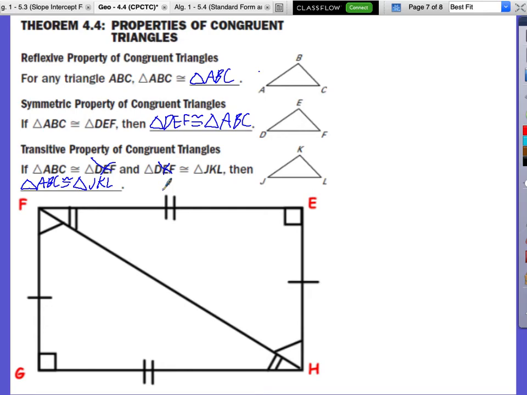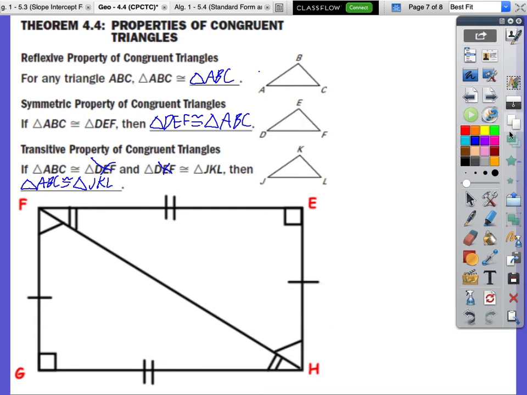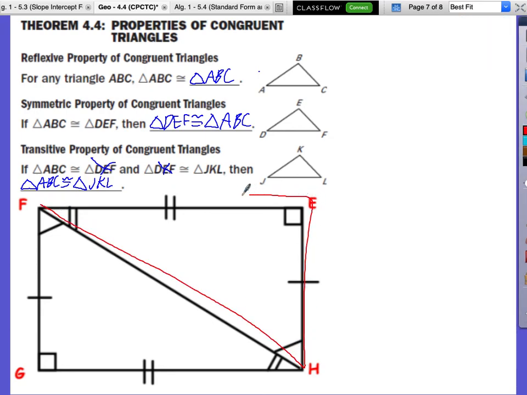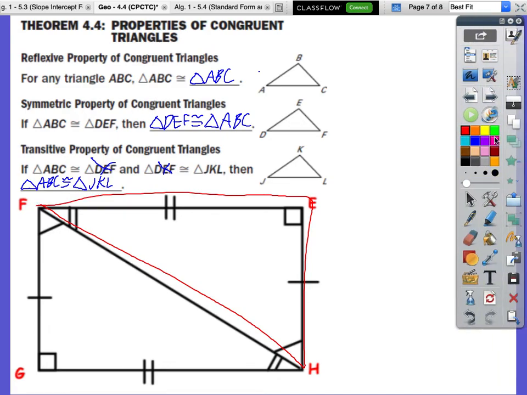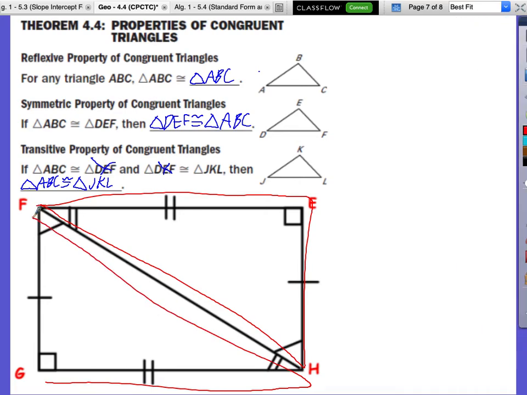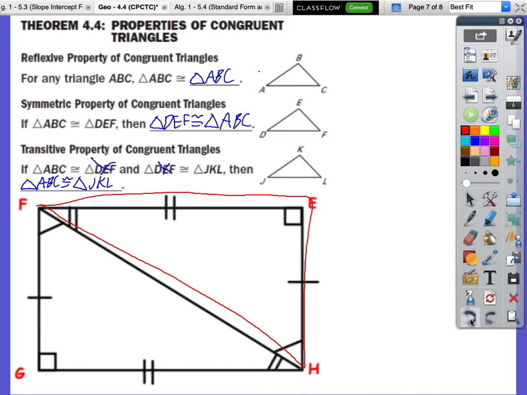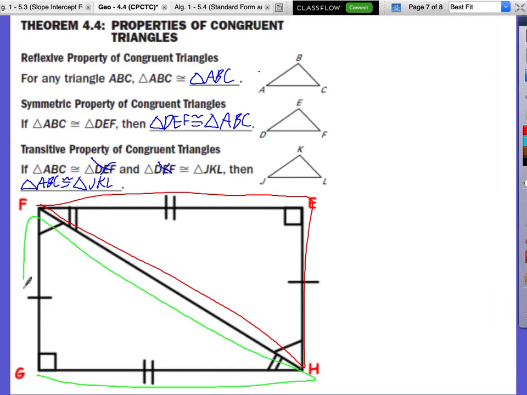Do we have enough information to prove these 2 triangles congruent? We have this triangle FHE, and we have this triangle down here, GHF. Do we have enough information to prove these triangles congruent? You guys are saying yes, but I only see 2 sides and the 3 angles.